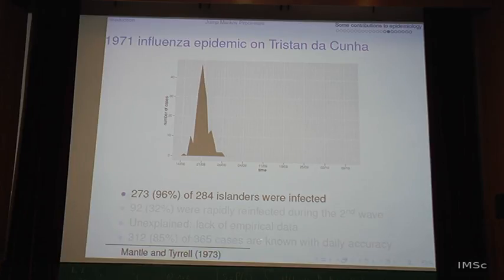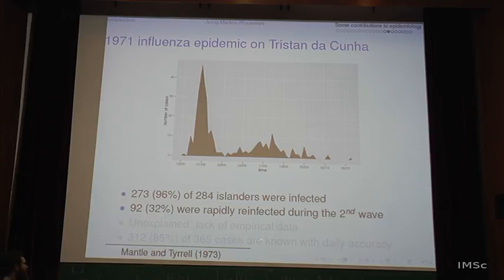But as the epidemic was dying out after 2 weeks, some people started to feel ill again. They experienced a second episode of illness, and that triggered a second wave of the epidemic, where 32% of the islanders were reinfected. The thing is that this data set was mostly unexplained.